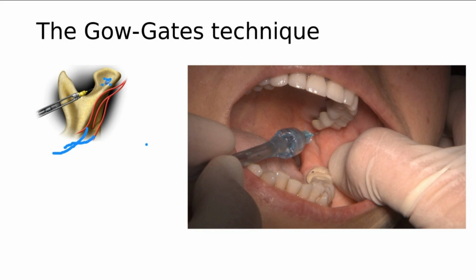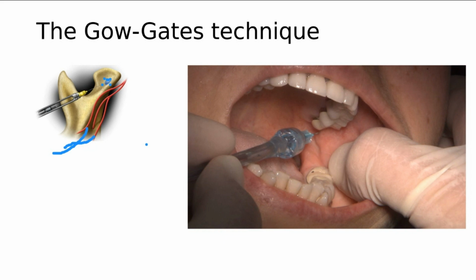Give them 10 more minutes. Are you okay now? Do you feel numbness? No, I don't. You still feel it? Let me just poke you a little bit. Do you still feel pain? Yes. Okay, give it 10 more minutes. Do you still feel it? Yes. So if that's the case, maybe this patient is having accessory nerves.